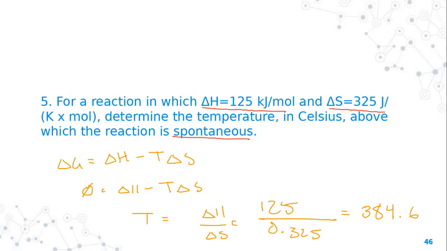I'm not sure about the 100. Oh, in terms of Celsius? Oh, okay. Got you. You guys jumped right ahead. Thank you. So this is in terms of Kelvin, and then converting to Celsius, so minus 273.15, we can say it is 111.5 degrees Celsius.